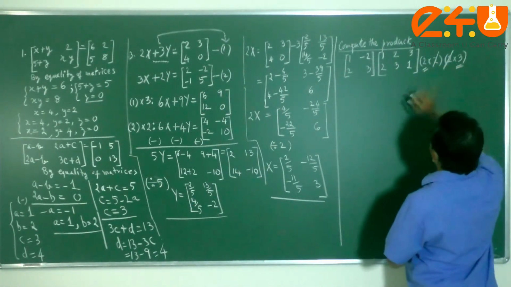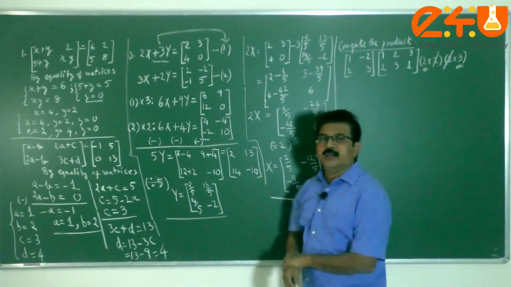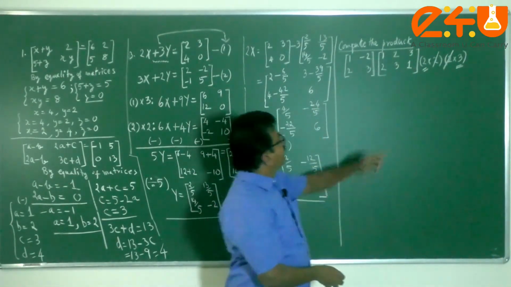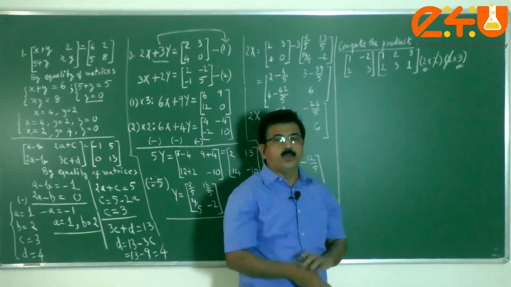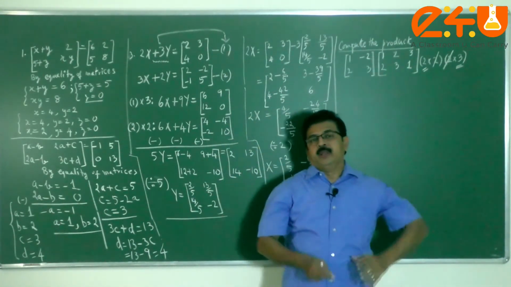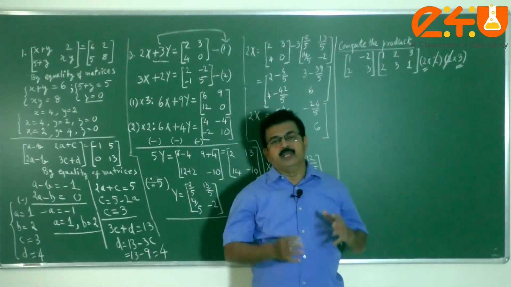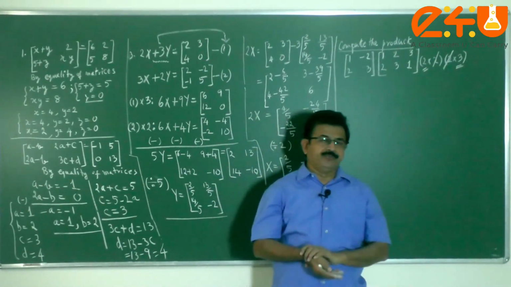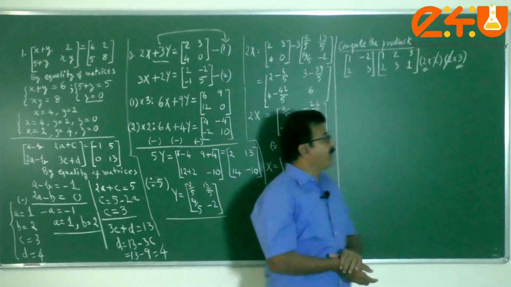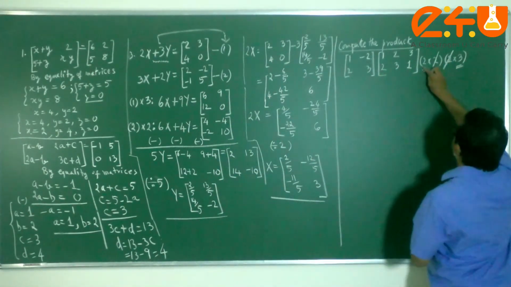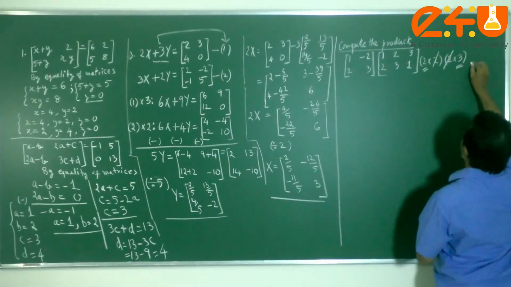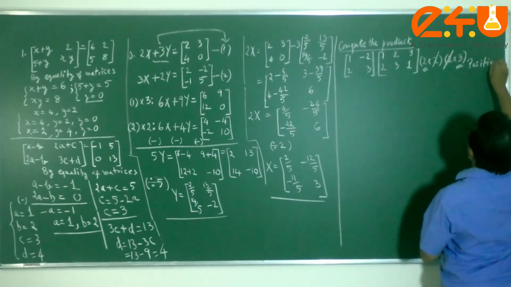The product matrix, if we call it the matrix C, is of order 2 by 3, which means 2 rows and 3 columns. So you have to be prepared to fill 6 elements in the product matrix. What are the elements? There are 2 rows, 3 columns. I am using a rough space.